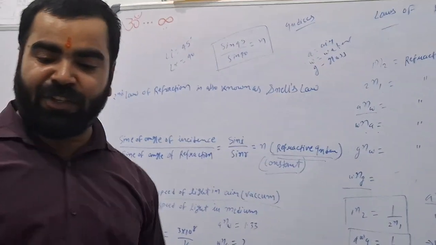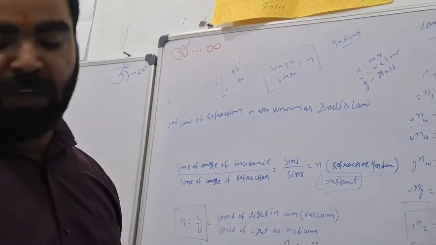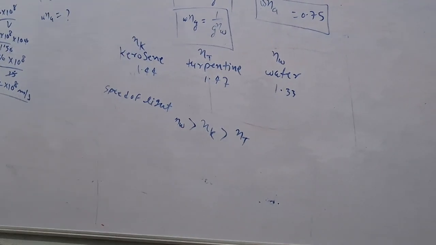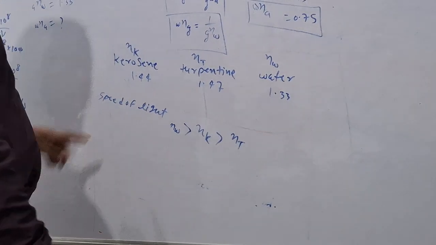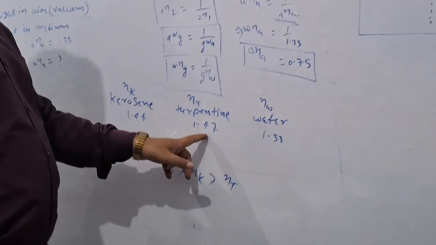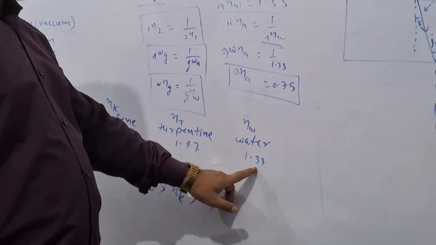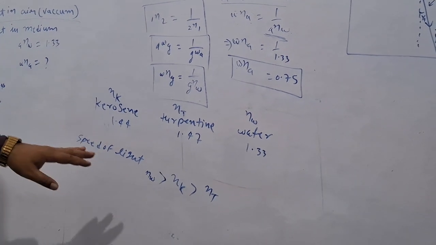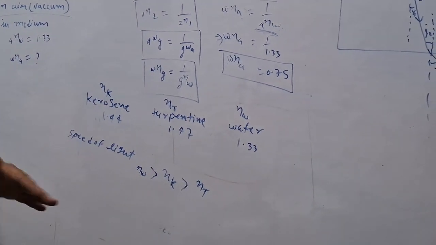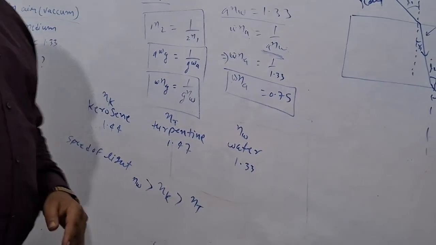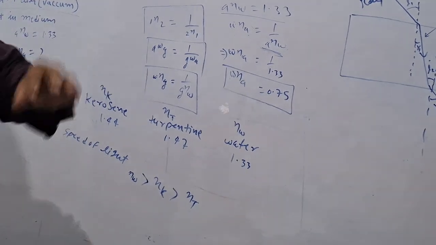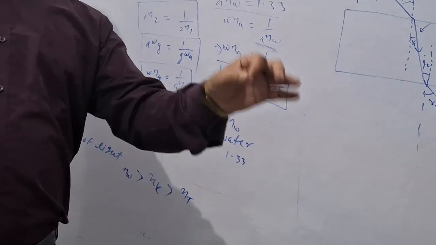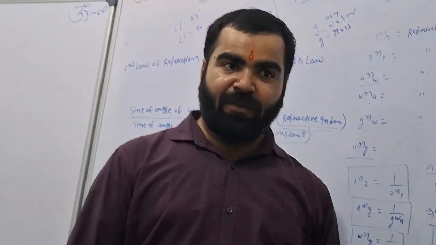Now there is another question. Refractive indices of kerosene, turpentine and water. The refractive index of kerosene is 1.44, turpentine is 1.47, and water 1.33 we all know. The question is: in which of these materials will light travel fastest? We know that in the material having the lowest refractive index, light will travel fastest.